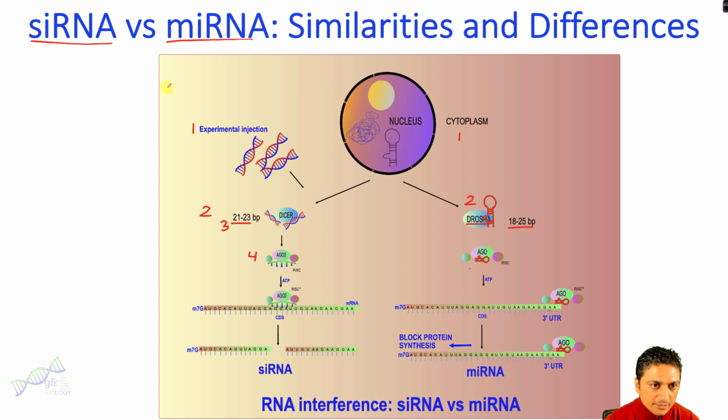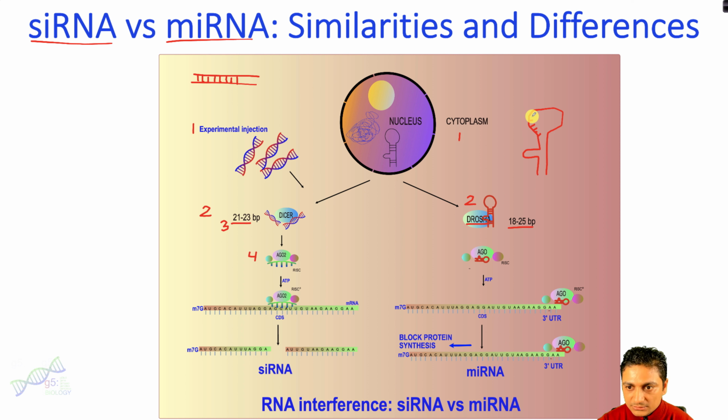So this is siRNA and it will be a complementary double-stranded molecule. However, miRNA is a single-stranded molecule. So this is miRNA, and this forms the hairpin loop, and these are all single-stranded RNA molecules.